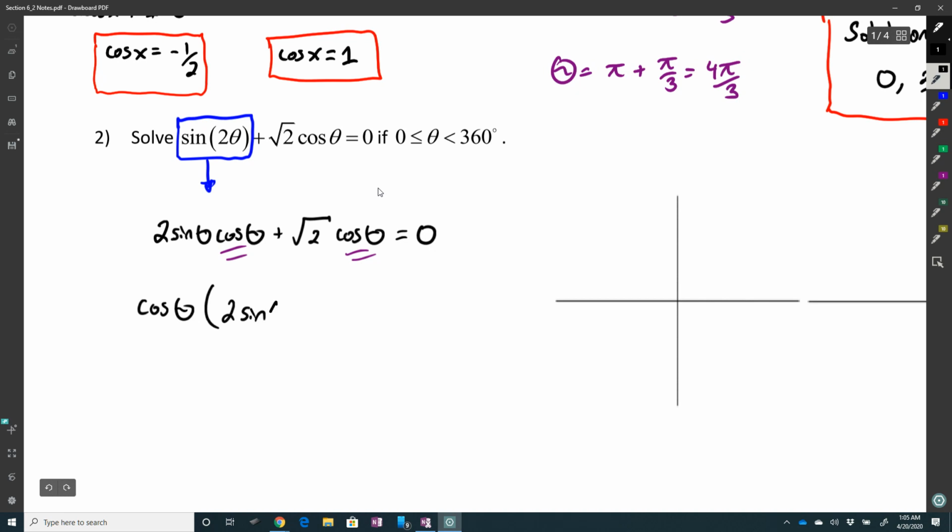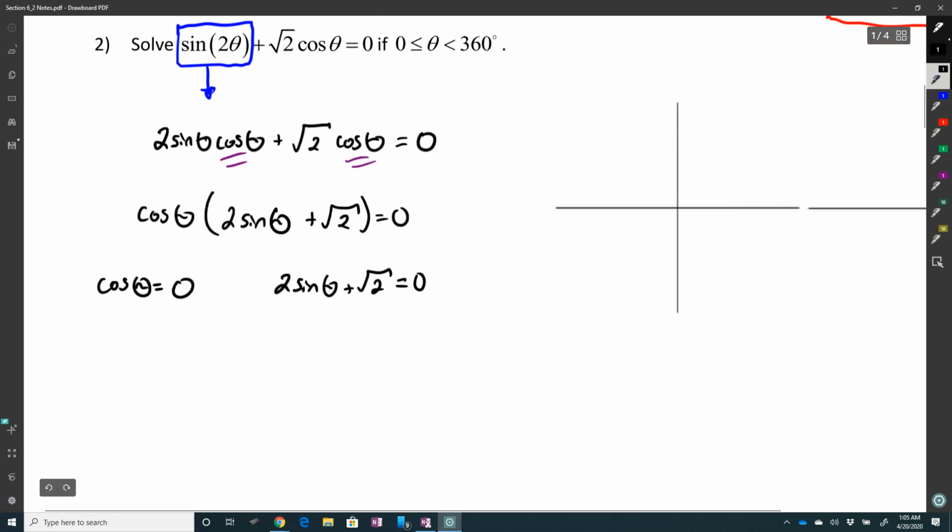That leaves us with 2 sine theta plus square root of 2 equals 0. So cosine theta equals 0 is one answer. 2 sine theta plus square root of 2 equals 0 is the other answer. So if I solve for sine theta, I get negative square root of 2 over 2.